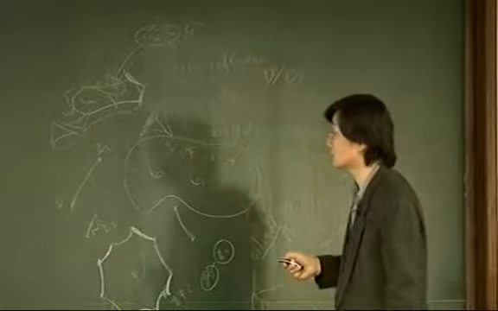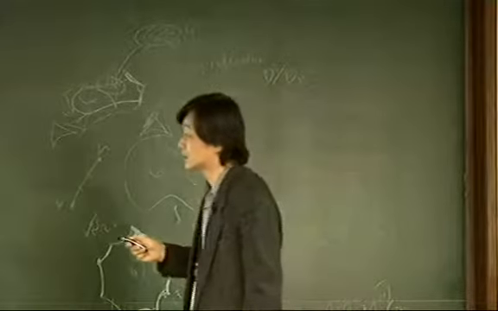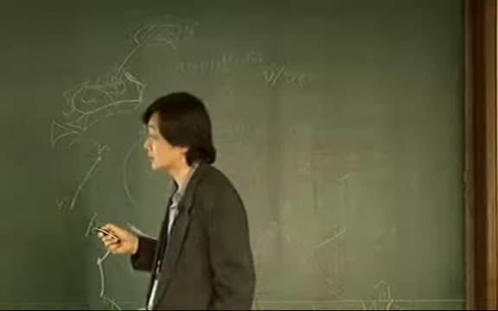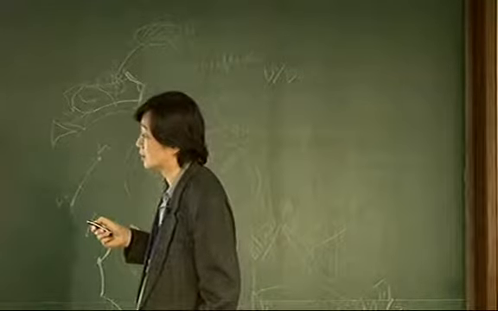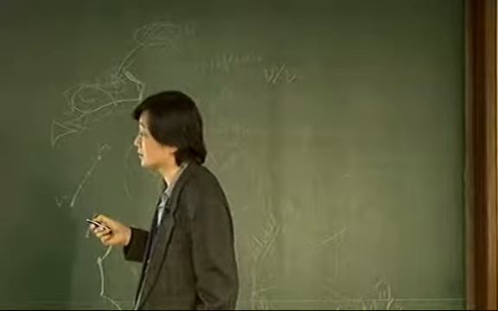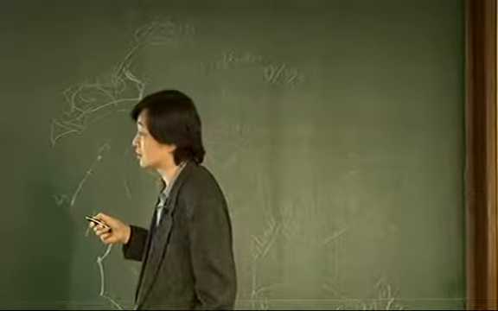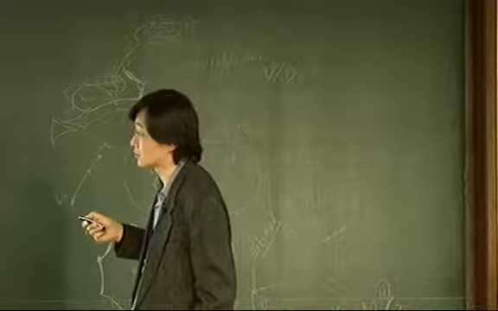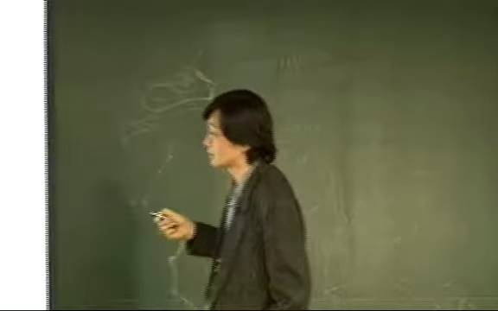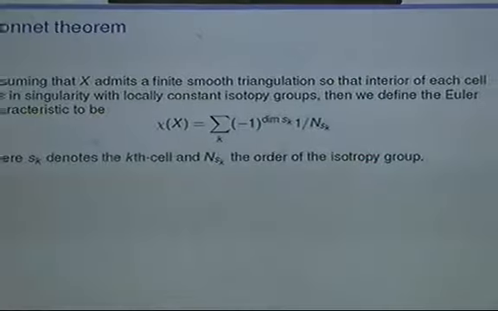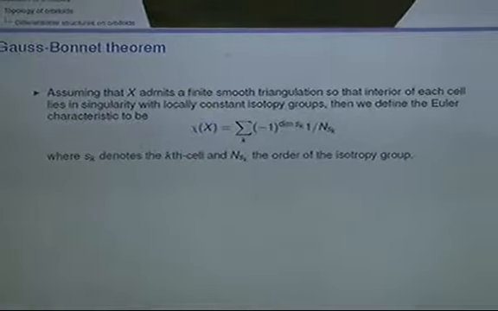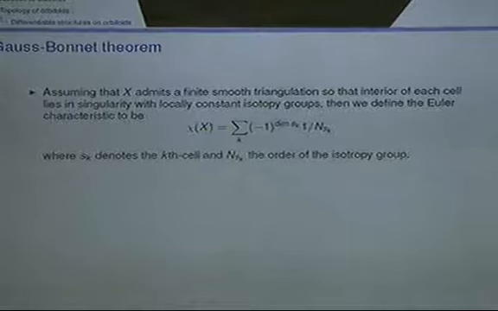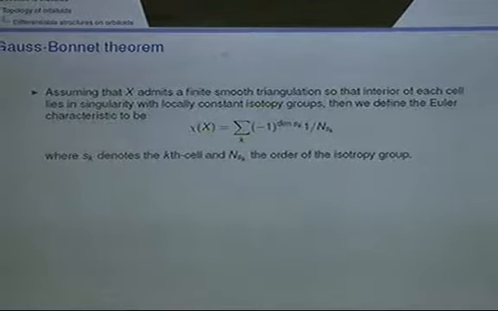Once you have this kind of triangulation of X, then you define the orbifold Euler characteristic, but you have to divide by the singularity order if the cell lies in the singular set. So the sum is over all the cells, the k-cells, which might lie in some singular sets. So you just define it by these kinds of orders, right?